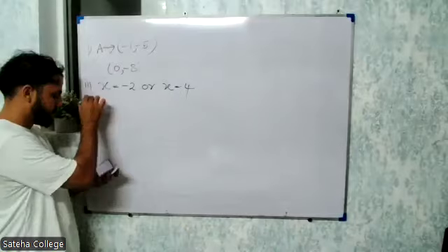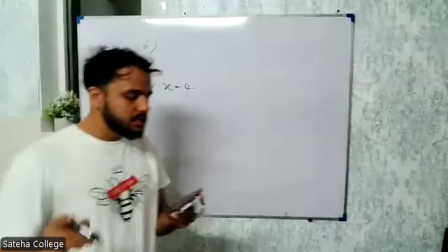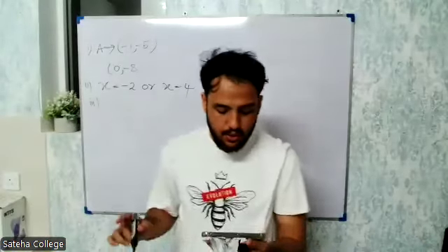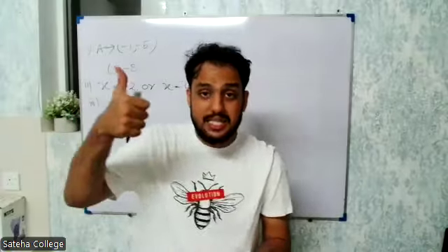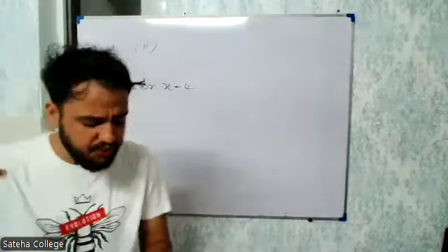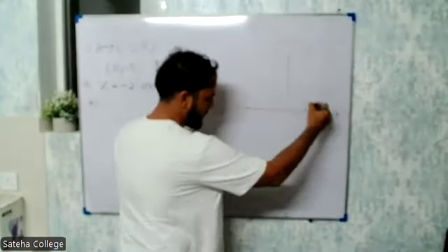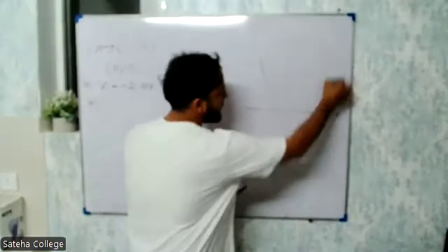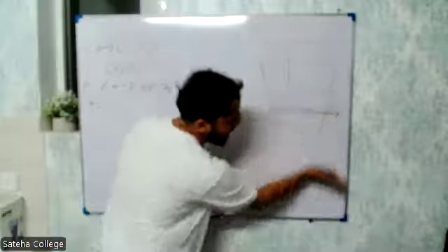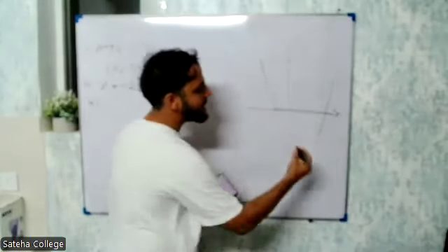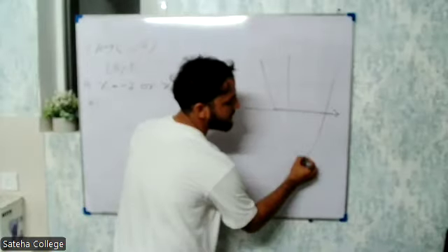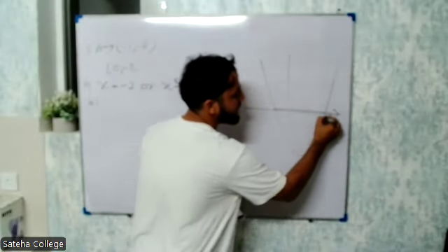Roman number 3. Write the intervals of values of x on which the function is negative and increasing. First of all, find the part where it is negative. The below part here. I'll just draw a rough diagram, okay? The below part here is the part where the graph is negative and it should be increasing. From this point onwards, the graph is increasing.